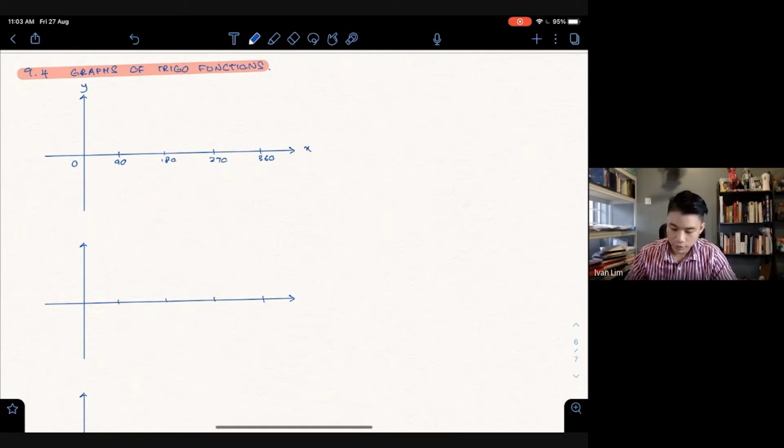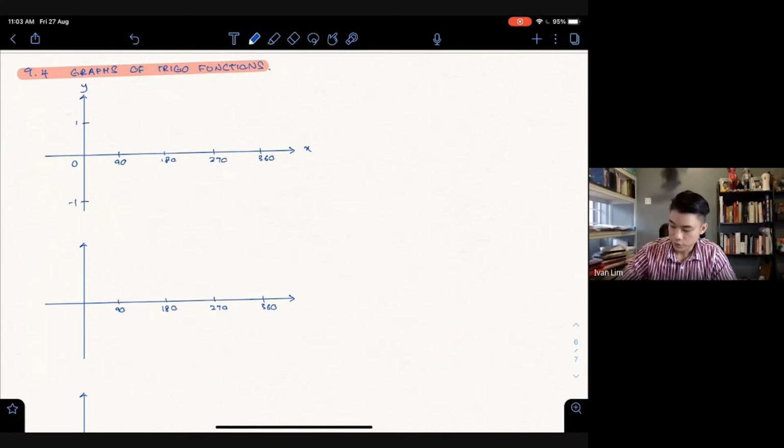The next main points that you need to write are on your y-axis. The main values for a basic graph will be 1 and negative 1. All done?